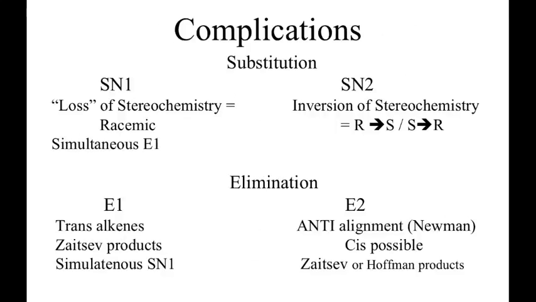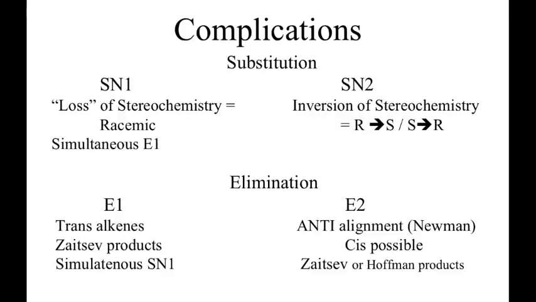So SN1 reactions, for that matter E1 reactions, are a bit of a pain because you end up with three possible products. With the SN2, our primary concern is that you get inversion of stereochemistry. If you start R, you go to S. If you start S, you go to R. Thankfully, that's fairly minimal as far as the SN2 goes.